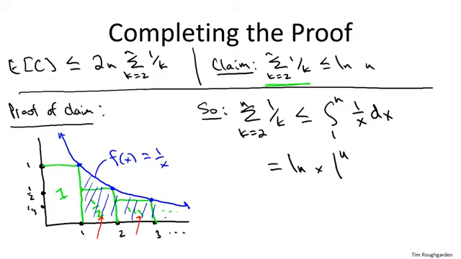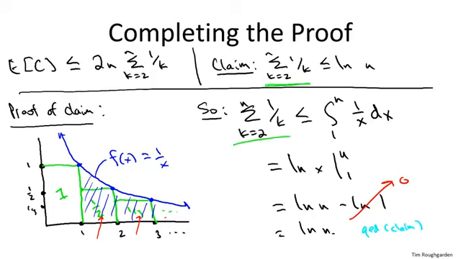So this equals the natural log of x evaluated at n and 1, also known as log n minus log 1. And of course, log 1 would be 0. So that gives us our log n. So that completes the proof of the claim that indeed the sum of these 1 over k's is bounded above by the natural log of n, and that in fact completes the proof of the theorem.